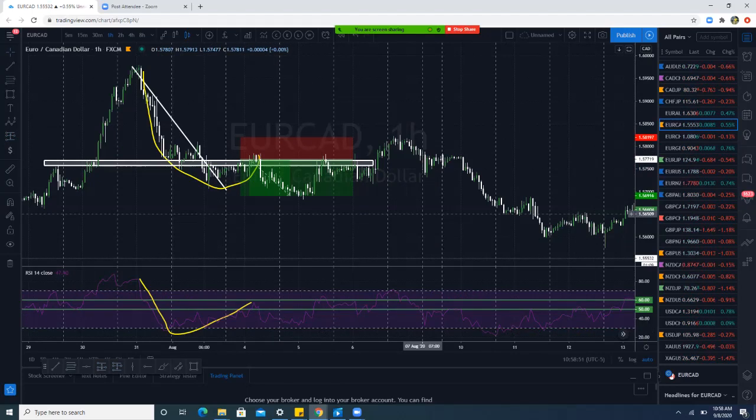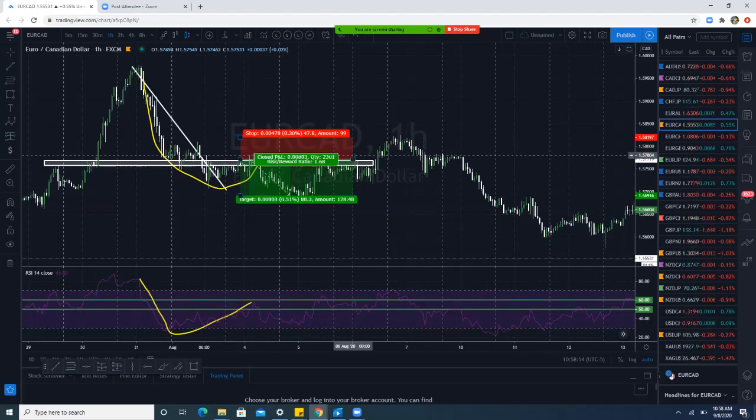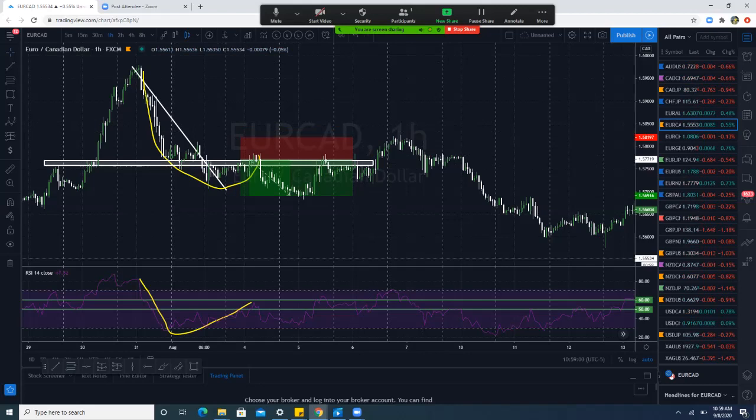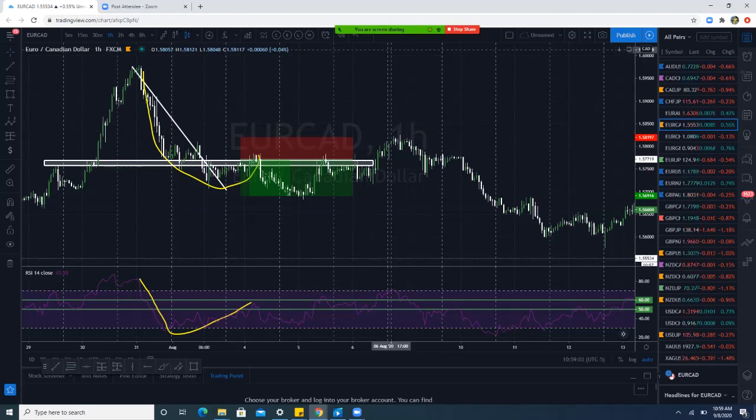And then you would simply wait for price to do it again, but also have the other confirmations. So I wanted to go over a few ways you can look for price, using price with RSI and using the RSI to actually trade the markets.